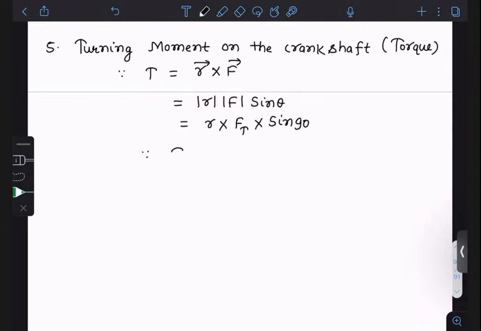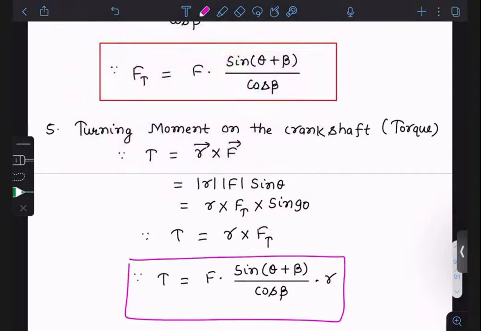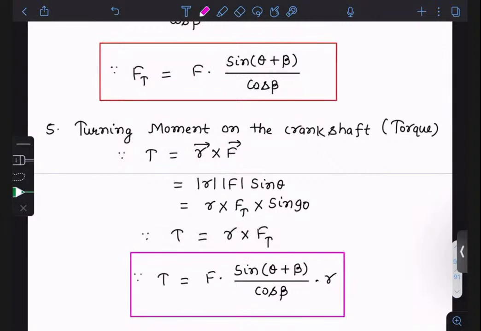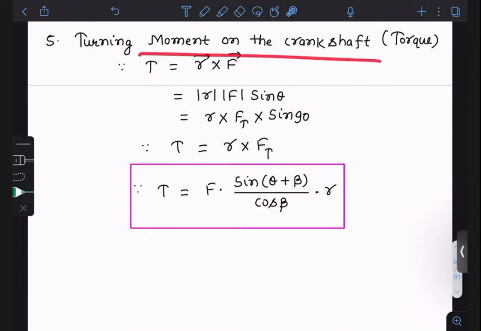So therefore, torque is F into sine theta plus beta divided by cos beta into R. So this is a very, very important expression of the turning moment. Clear, everyone?